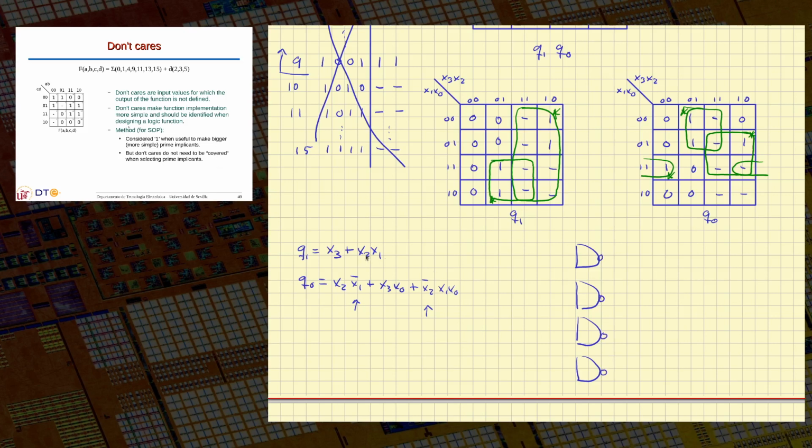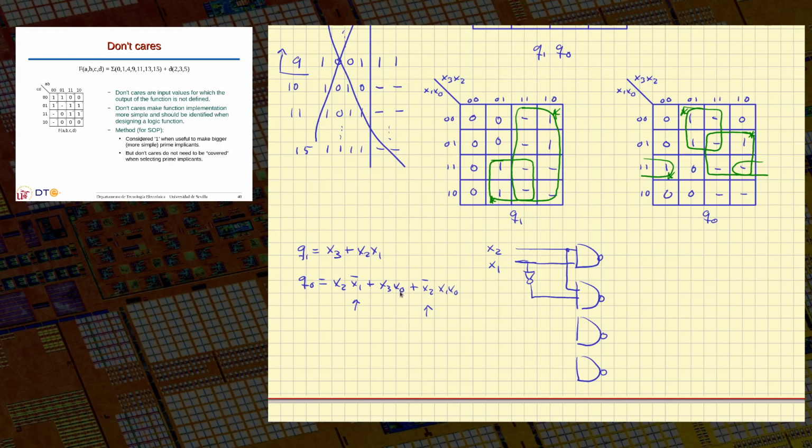Okay, the first one will be x2 x1, the next one is x2 x1 complemented, so I take x2 from here, I take x1 and I use an inverter complemented.